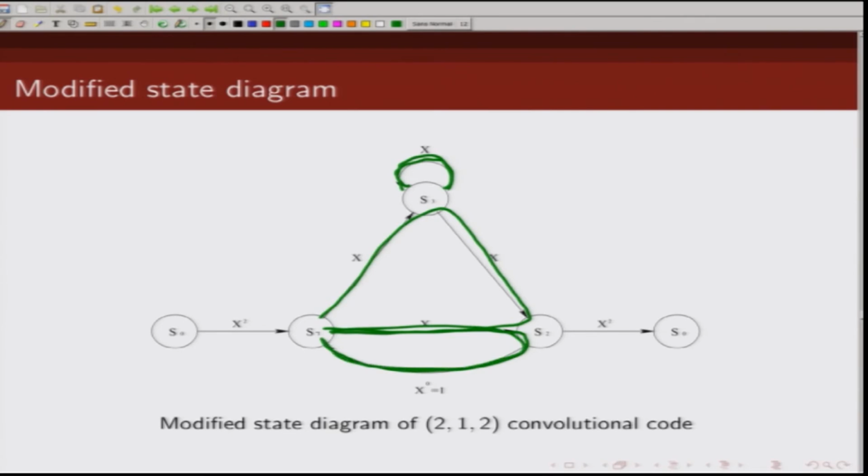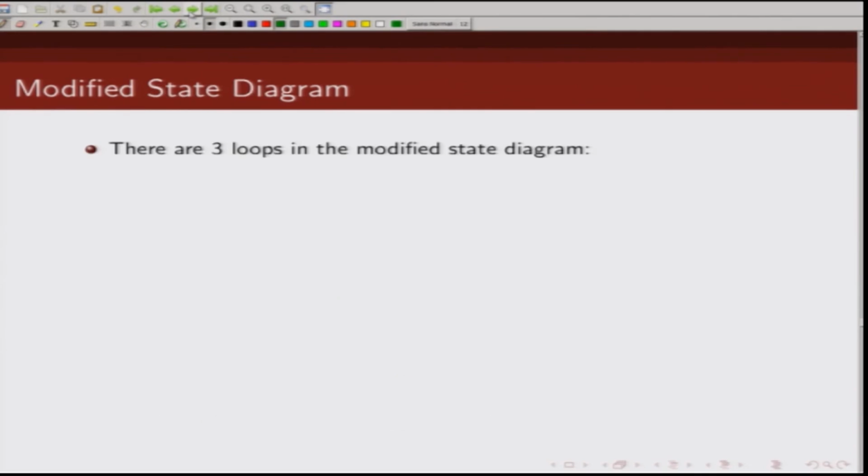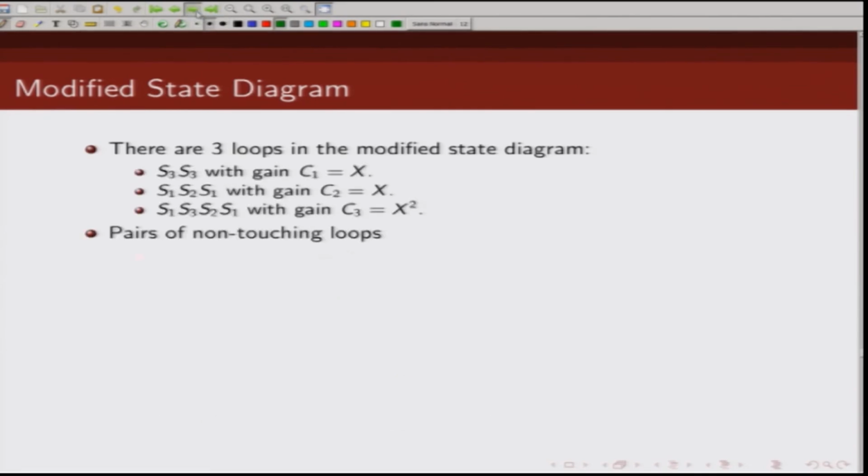This loop contains S3 and this loop contains S1 and S2. So, they do not have any state common between these 2 loops. So, the set of non-touching loops is basically C1 and C2, and the gain corresponding to them is x squared. And there is no set of 3 loops which are non-touching.